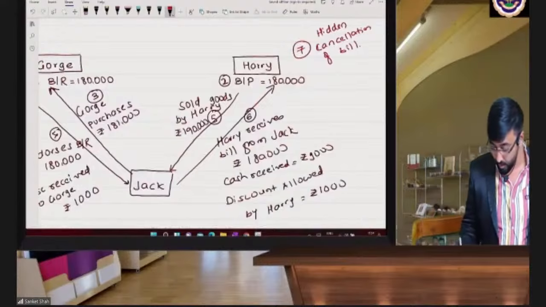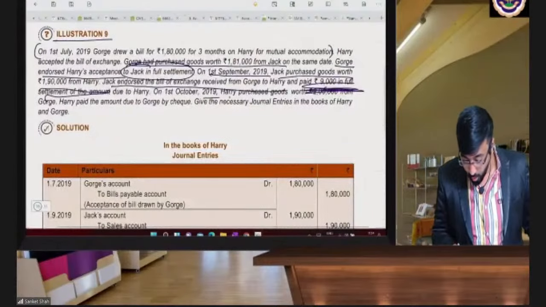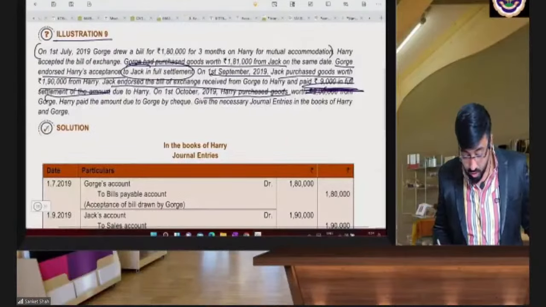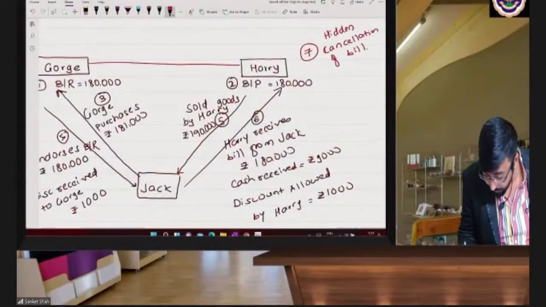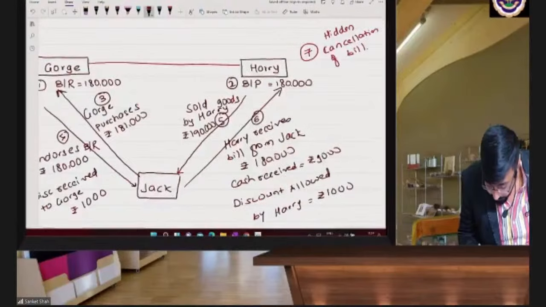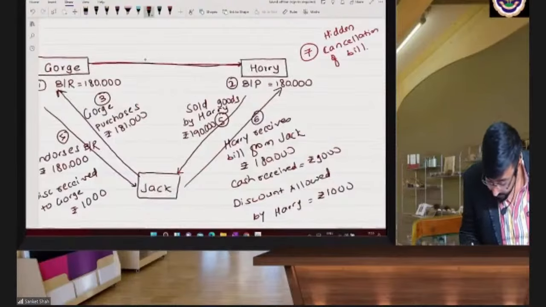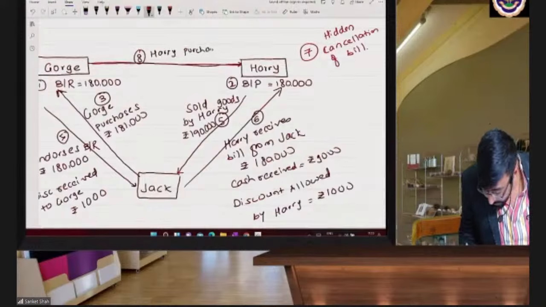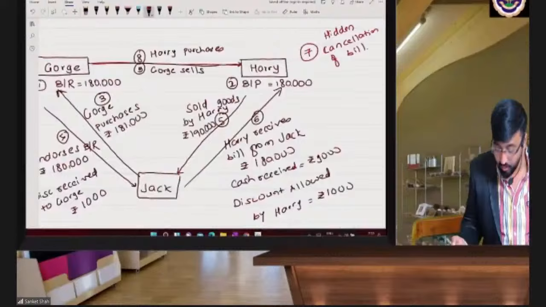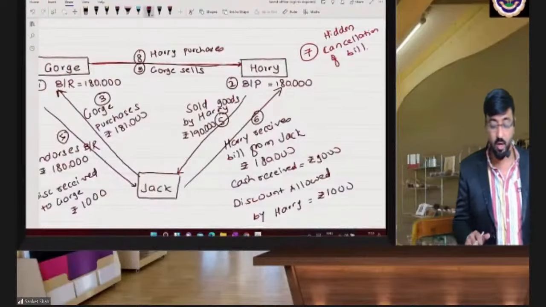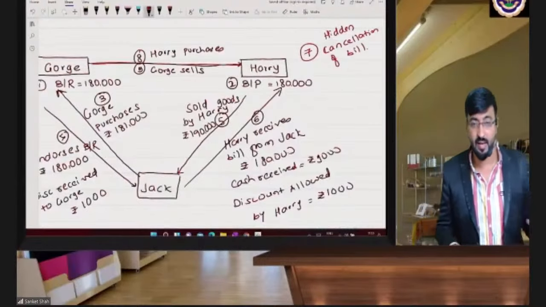Okay. Now what happens? In October, Harry purchased goods of 2 lakhs from George. Now this is a normal entry. Harry purchases, and number 9, George sales. So Harry purchases and George sales. Both entries are important, 8 and 9.